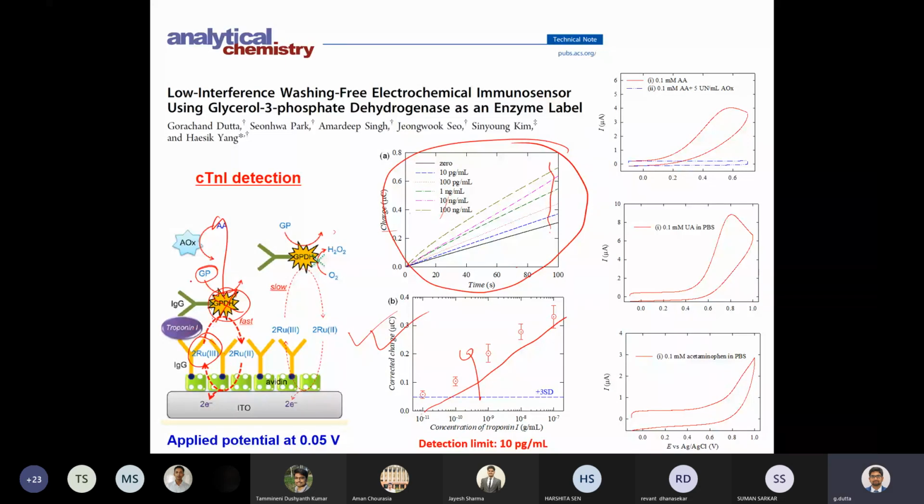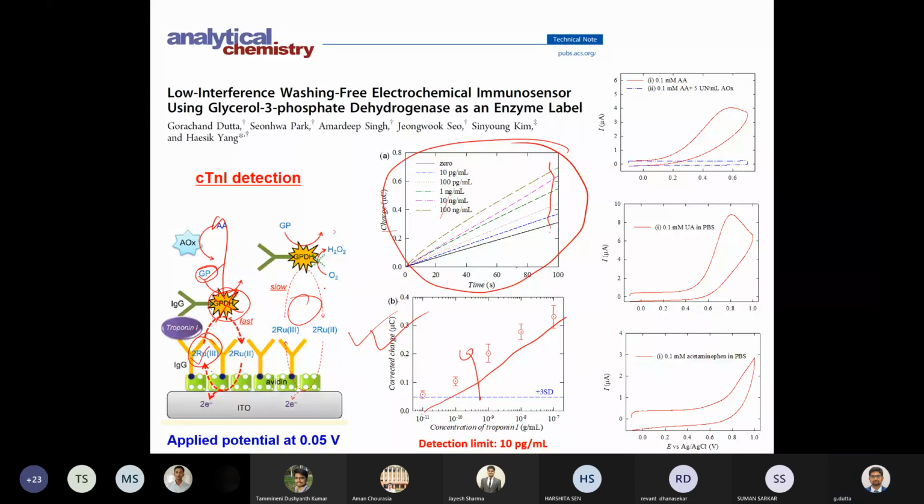So GP and ruthenium generate the background current, and GP, GPDH, and ruthenium generate the signal current, right? It is like the redox cycling reaction I taught you last time. This is actually enzymatic redox cycling. Clear?